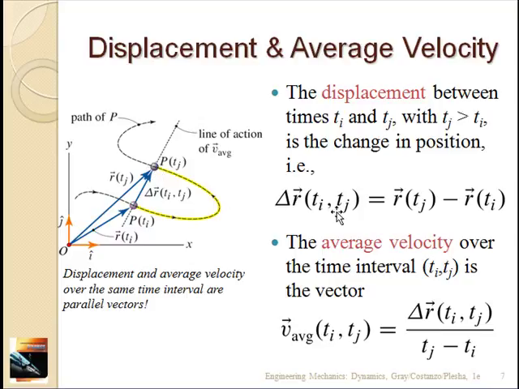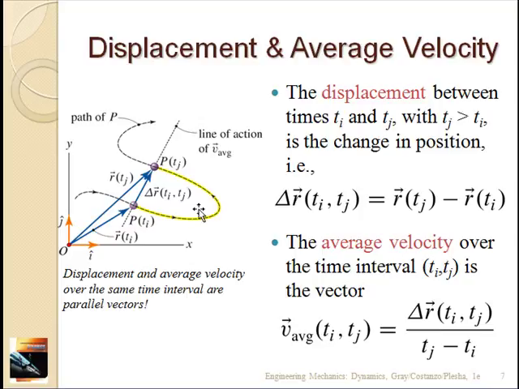So delta r, as a function of the two times ti and tj, is the change in position, or the difference between the two position vectors. The average velocity over that time period is the displacement, or the change in position, divided by the time.